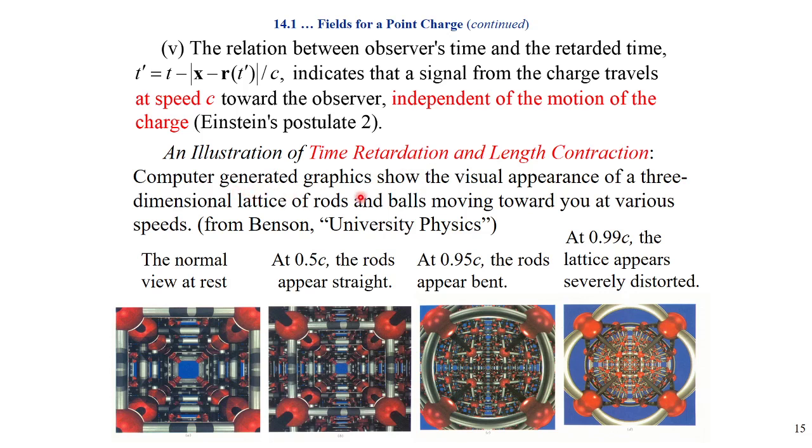The computer can generate graphics showing the visual appearance of a three-dimensional lattice of rods and balls. Those are the balls, that's the rod, moving toward you at various speeds. This is obtained from Benson University Physics.